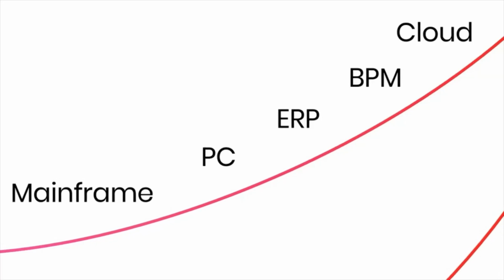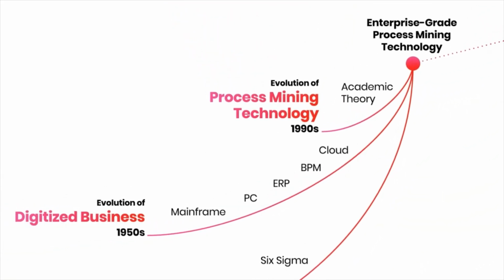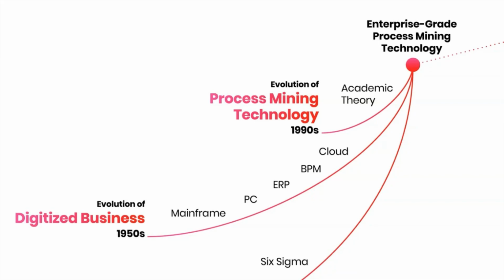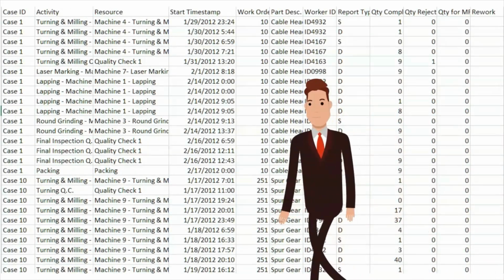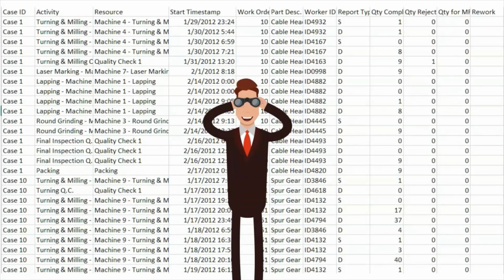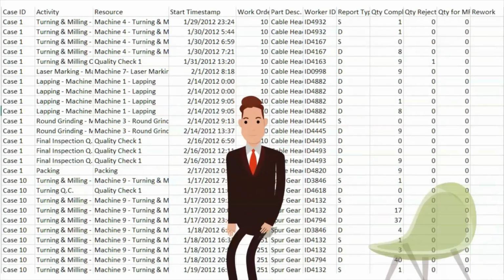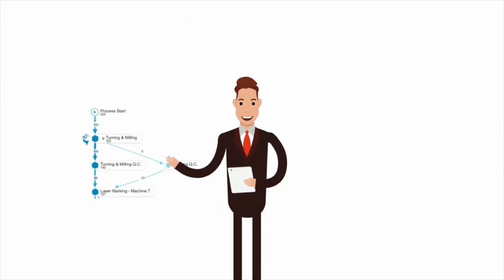And finally, we can observe the development of process mining as an academic discipline starting in the late 90s. Initially, process mining was used more as an additional tool for data scientists and business analysts who would analyze data, write a report with recommendations, and present these to management.